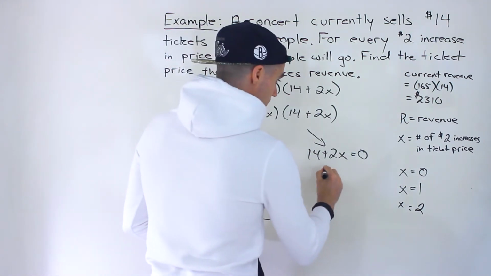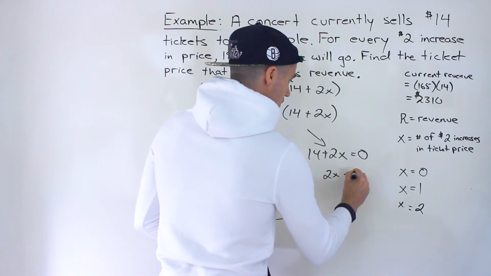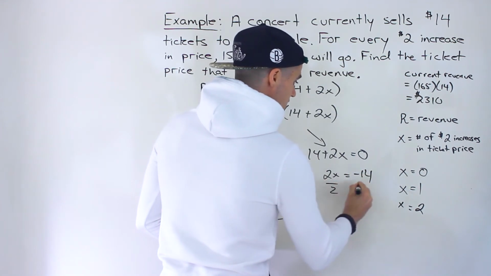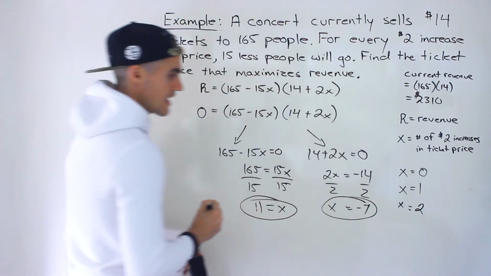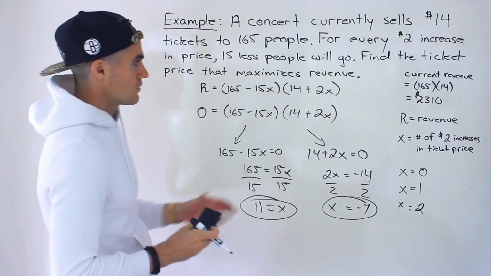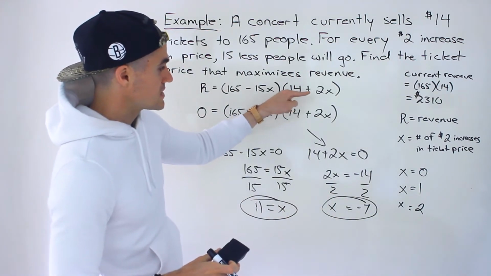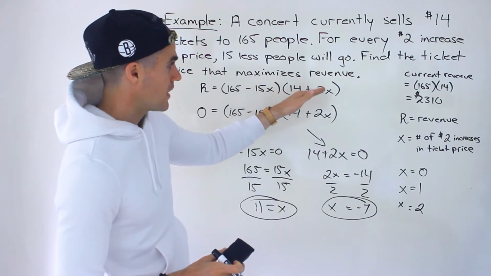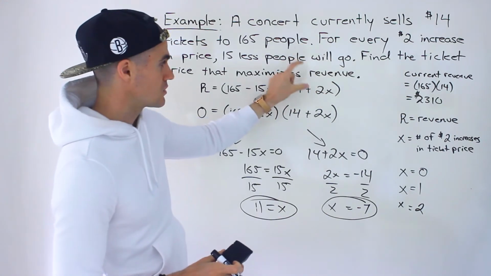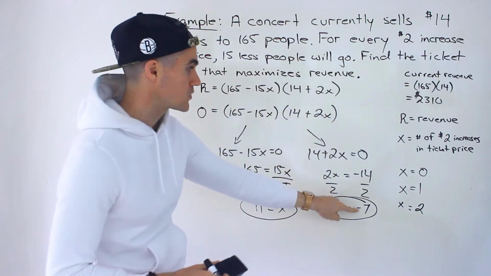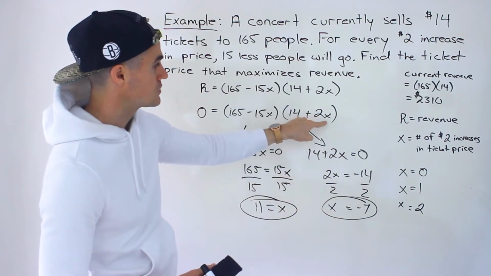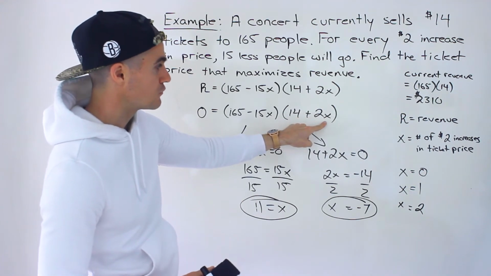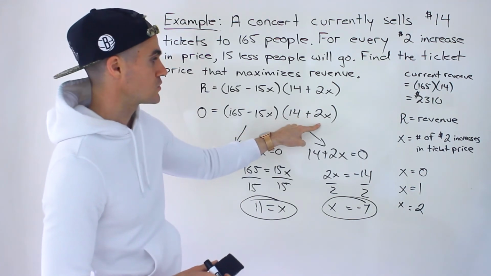The other option is if the x value is -7. So that would mean instead of increasing the price by $2 increments, we would decrease the price by $2 increments. And in this case, if we plug in -7 here, 2 times -7 would be -14. 14 minus 14 would be 0.